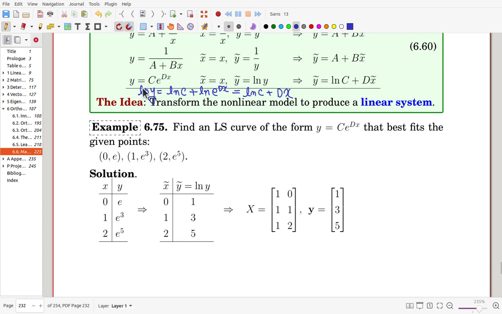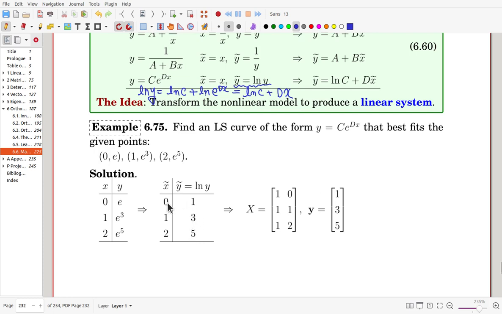Now, to get a linear model and linear system, the change of variable is y tilde equals logarithm y. Change of variable means transform the data. So from these y values we apply the natural logarithm. That must be 1, that must be 3, that must be 5.